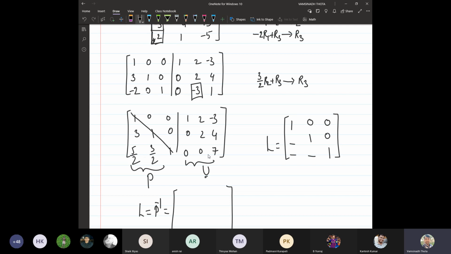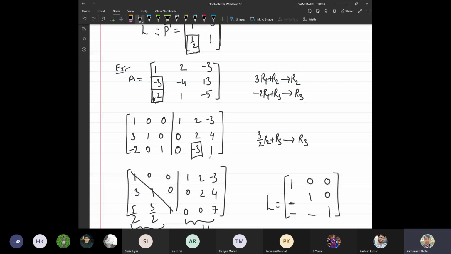How to fill? Look at this position, second row and first column. While converting the matrix A to upper triangular matrix, for the second row and first column, what is the multiple of row 1 we have used to make this entry 0? 3, right?